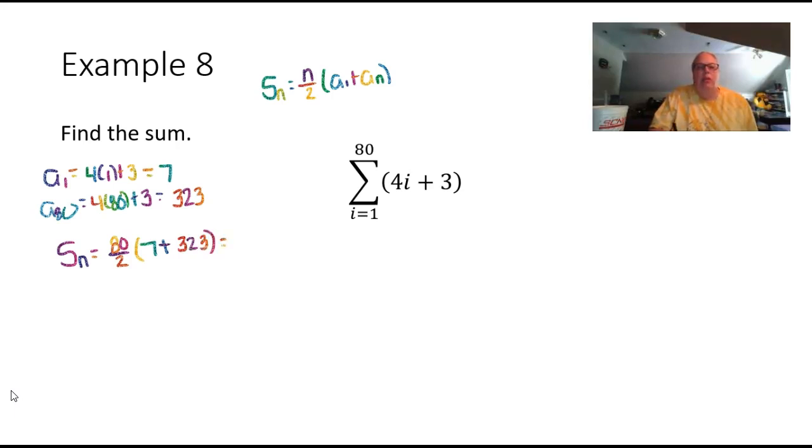And we should be able to put all this in the calculator. And it gives me 13,200. And there's our sum.